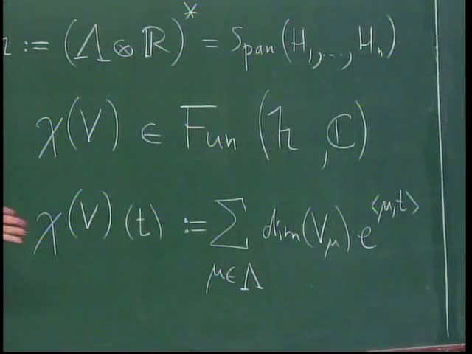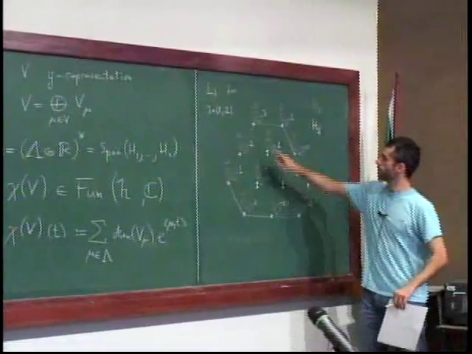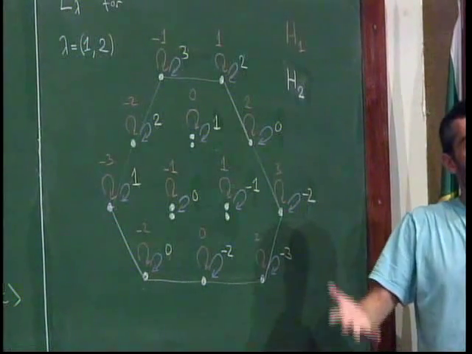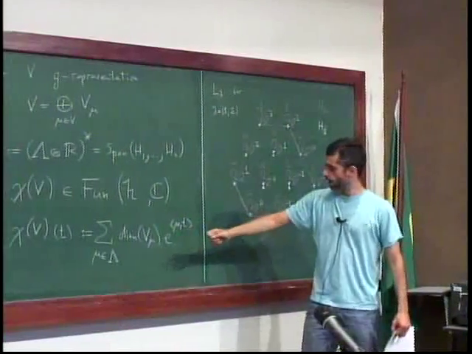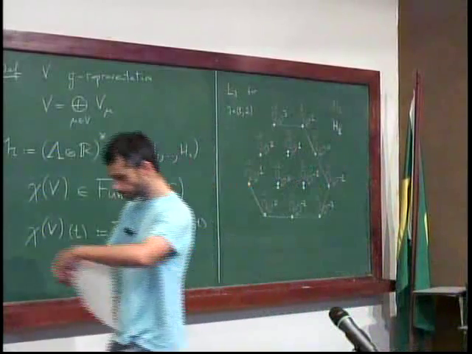So it's a function whose role in life is to keep track of the dimensions of these weight spaces. These weight spaces have dimension 1, 1, 1, 2, 1, 1, 2, 2, 1, 1, 1, 1. Well, you want to keep that information somehow, and then you package it into a function, and that's a character. And the character has exactly that information.